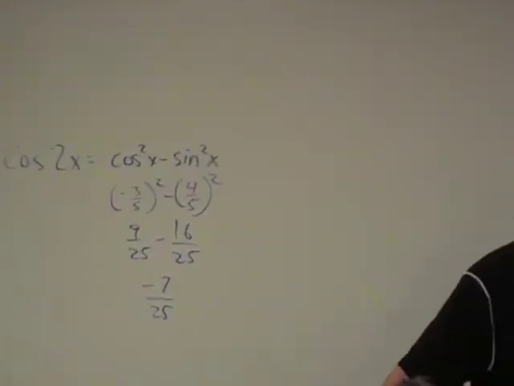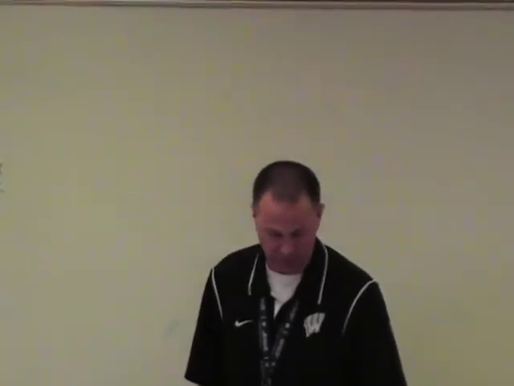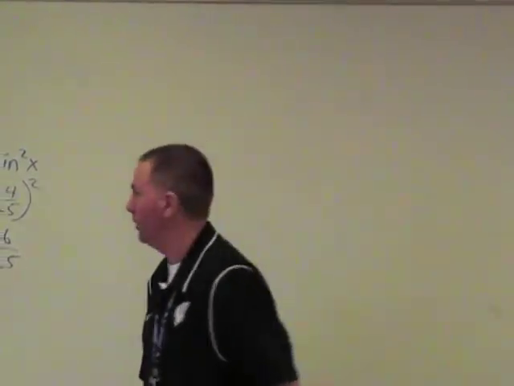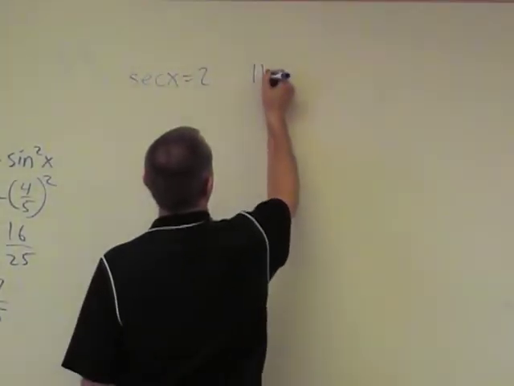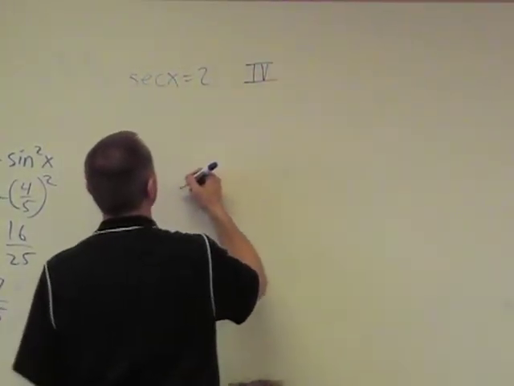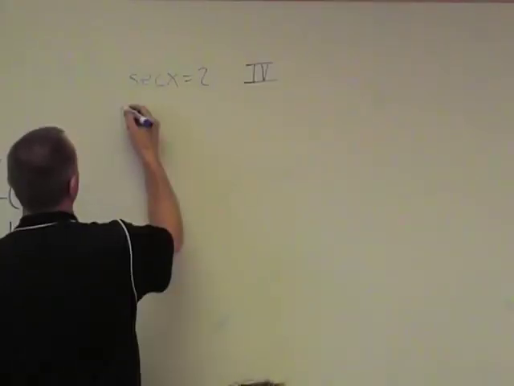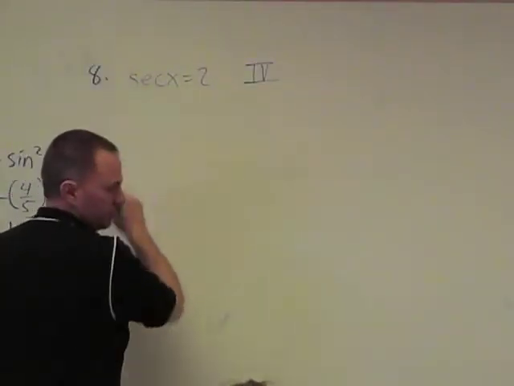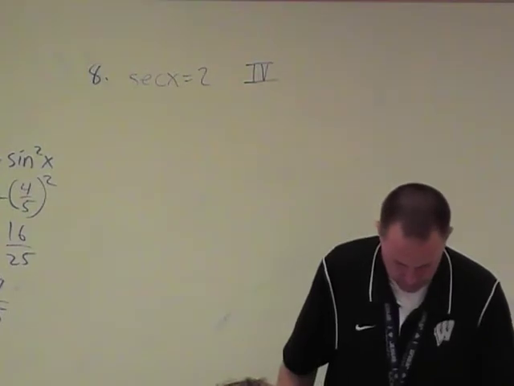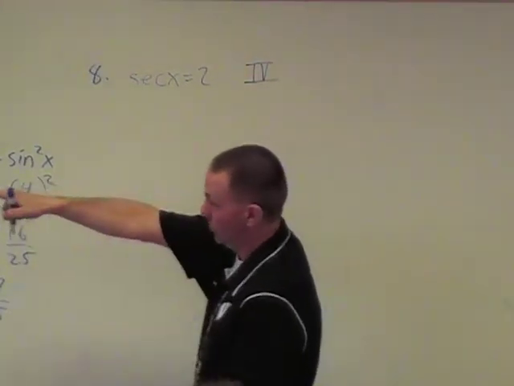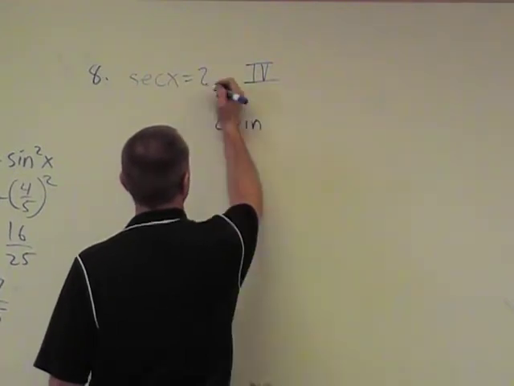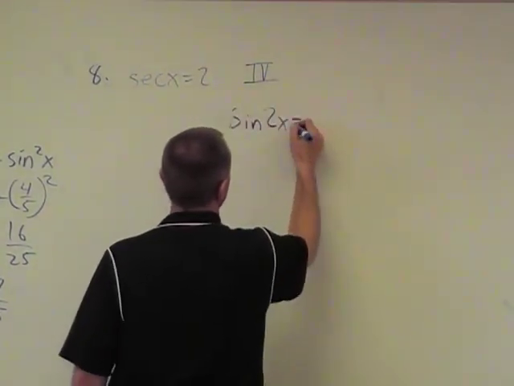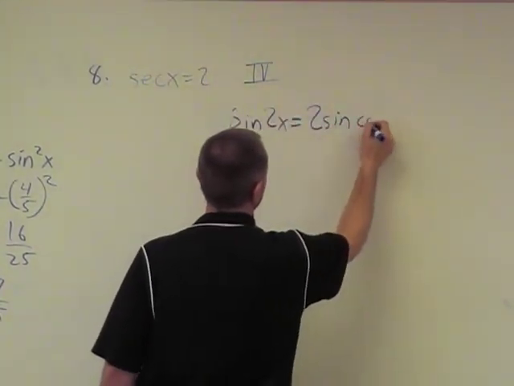I'll do, how about number 8? Secant of x equals 2. X is in quadrant 4. We're in quadrant 4. Okay? So, what is this number? What did I say? 8? Alright, so we'll do 2 sine of x. 2 sine of 2x equals 2 sine of x cosine of x.